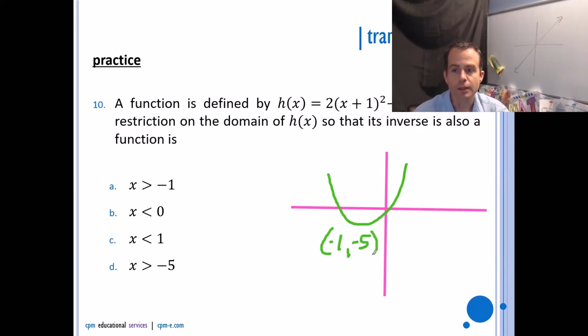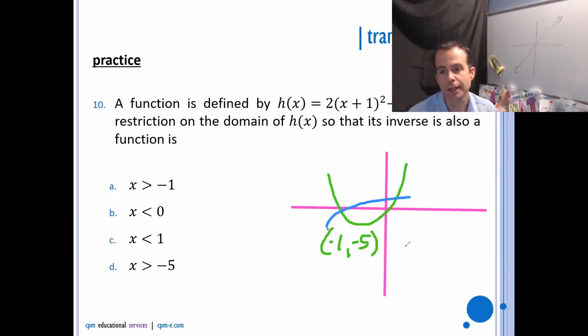Okay, so if I want to restrict the domain, what I want to do is only take a piece of this domain so that if I took the inverse of that piece, it would be a function. Right now, if I took the inverse of that, I would get something that looks like this, with (-5, -1).